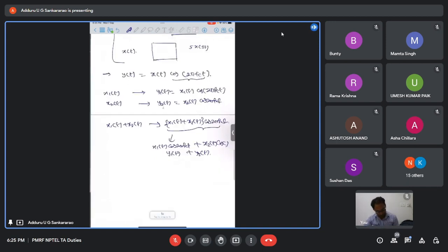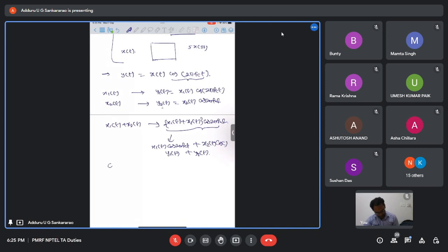Suppose the system is given as y of t is cos of x of t, then it is nonlinear. So this one is linear. What about time invariance?